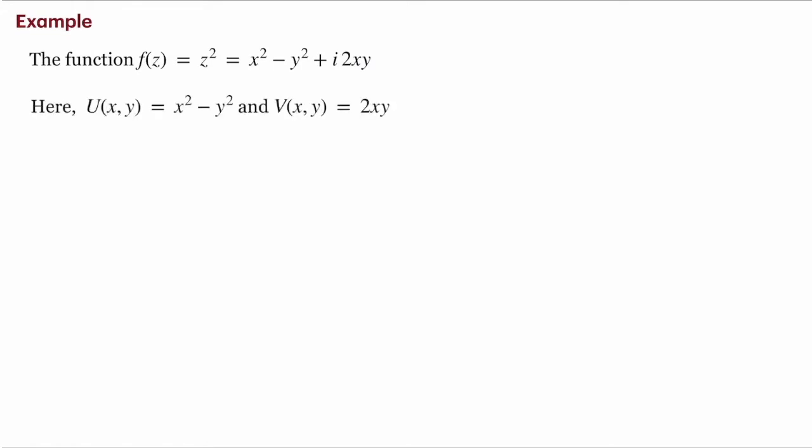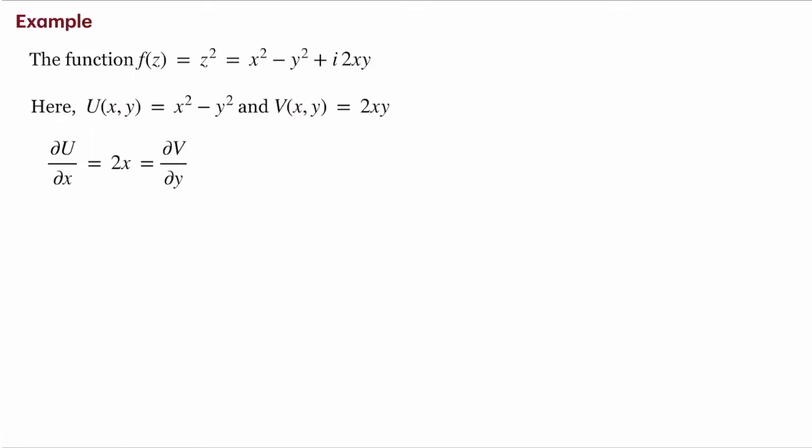So let's look at an example which we have already seen, that f of z is equal to z square, that in terms of x and y is x square minus y square plus i 2xy. Now we have u equal to x square minus y square and v equal to 2xy. So we differentiate u with respect to x, we get 2x, which is the same as differentiating v with respect to y.